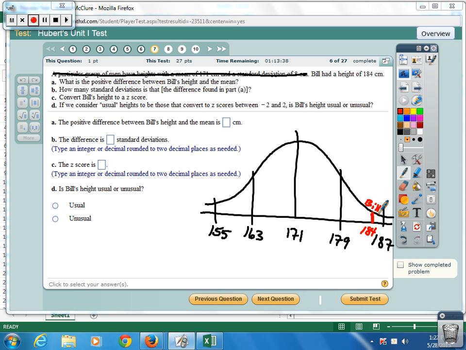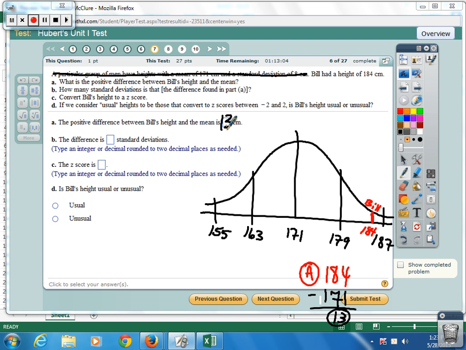The height of 184. What is the positive difference? Okay, well, that's not hard. 184, this is A. 184 minus what? 171. Somebody give me that number. 13. So 13 is A. The difference is blank standard deviation.